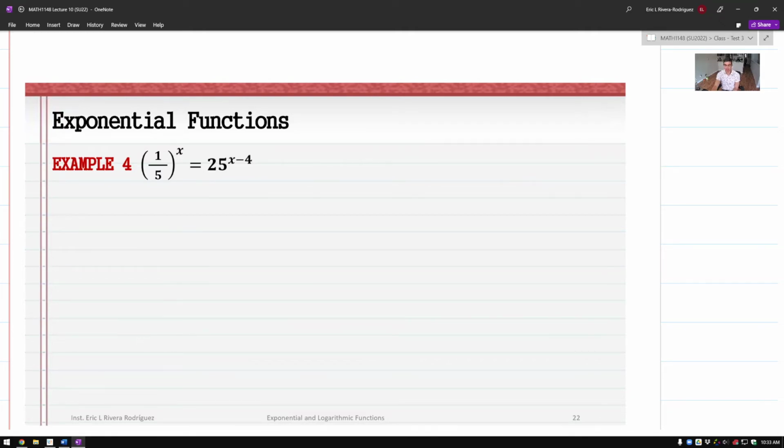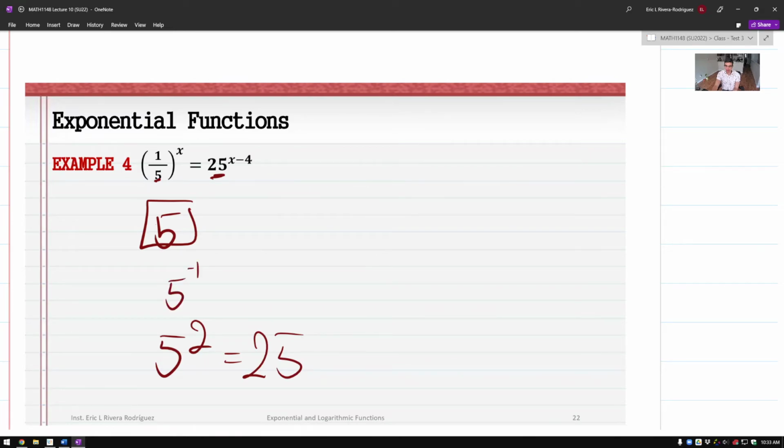Yes, we have same base. Okay, 5 is going to be that base, and we need to know how to get to 1 over 5 and 25. So 5 raised to the power of 2 is 25, so we are good there, right? And then 5 raised to the power of -1 is 1 over 5, okay?